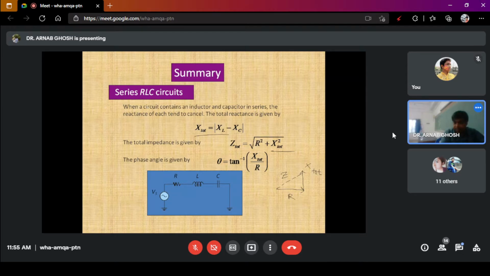The phase angle theta is equal to tan inverse of X total by R, and we call this the phase angle. This is your circuit: the supply voltage, with resistance, inductance, and capacitance in series. Now next, I already talked with you about how XL and XC vary with frequency.